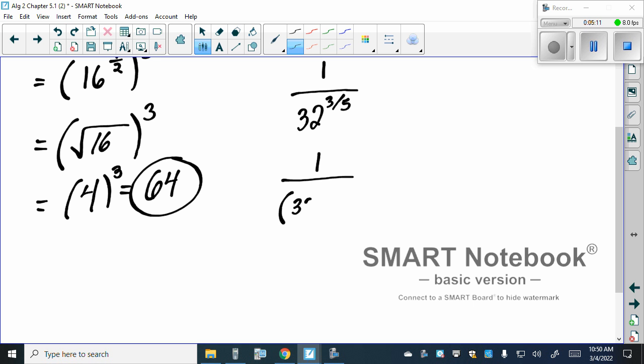This is really telling us that we have 32 to the 1/5 to the third. Now we need to see if we can find the 5th root of 32.